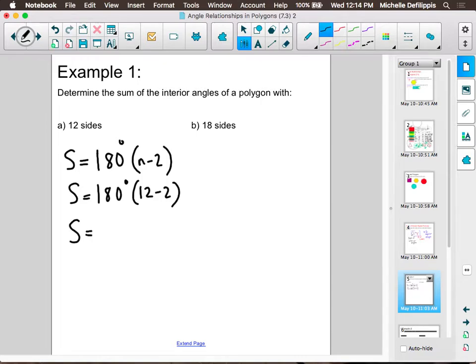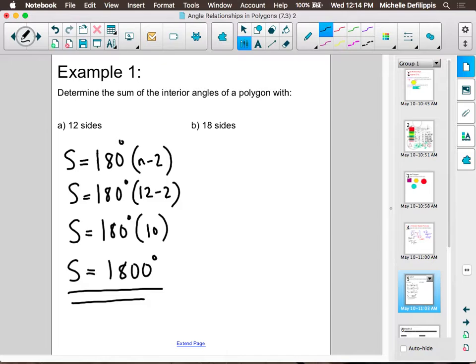So the sum will be equal to 180 times 10, and therefore the sum will be 1800 degrees. So the sum of all the interior angles of a 12-sided regular polygon is going to equal 1800.